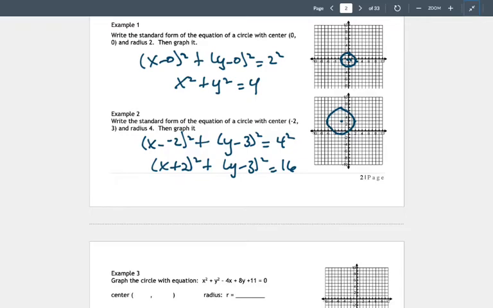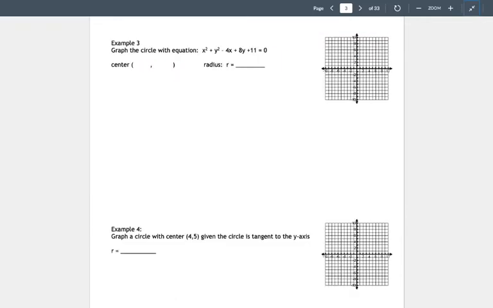All right, let's do another example. This example is a little bit harder just because you don't have the equation in standard form, you have it in general form. So we're going to complete the square to be able to see what the center and the radius are.